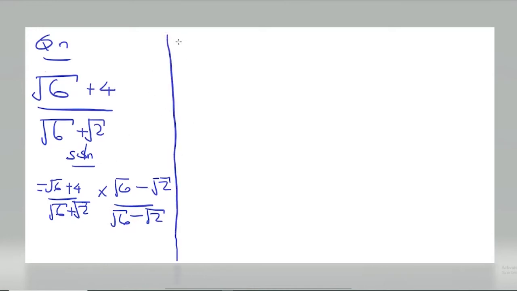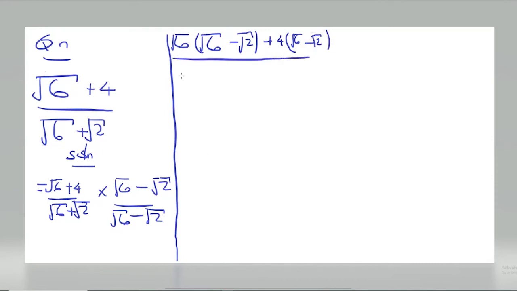Now here, take root 6 times the upper expression, then be root 6 out of the bracket. Inside there we are going to have root 6 minus root 2, then plus 4 times the thing, then plus 4. Inside the bracket we have root 6 minus root 2.